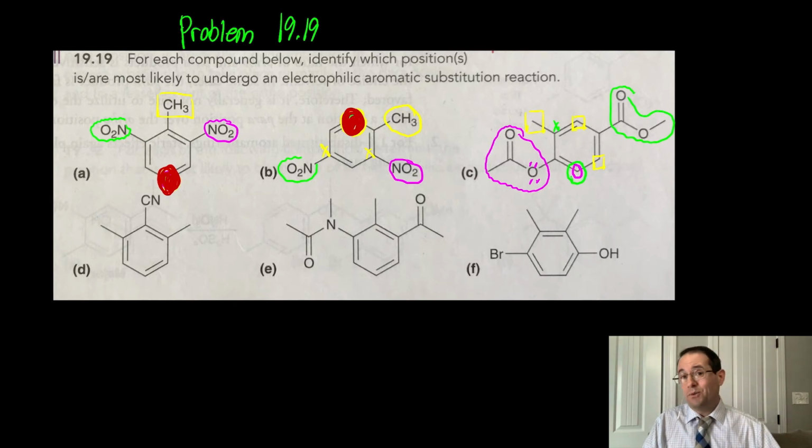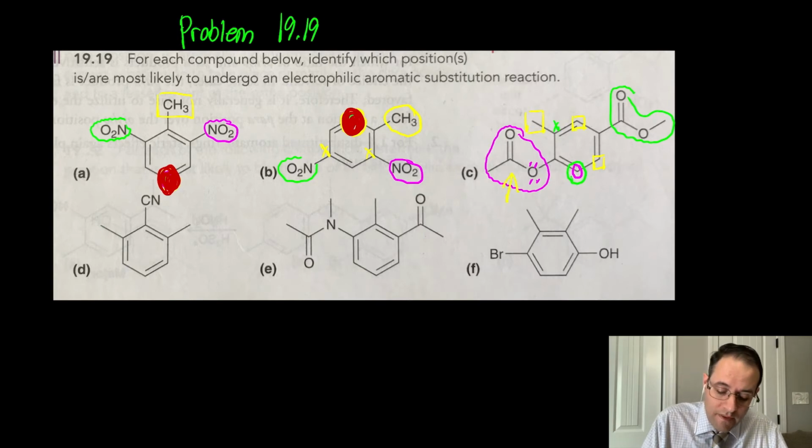So now we kind of have a conflict of interest. A lot of different things are saying different things. Remember again that this is a strong electron donating group. It's a strong director, and the stronger director is going to win. So this is the strongest director that I'm pointing an arrow to.